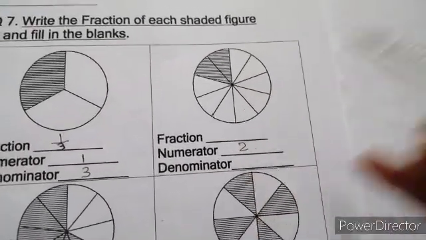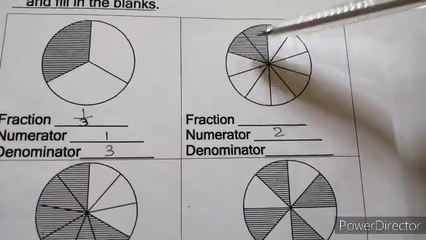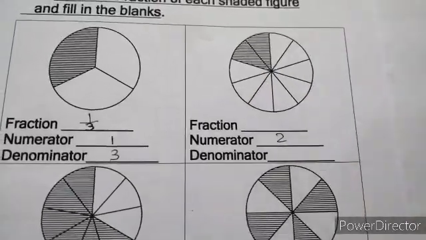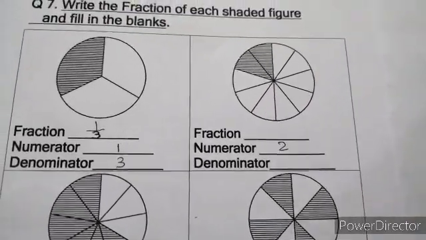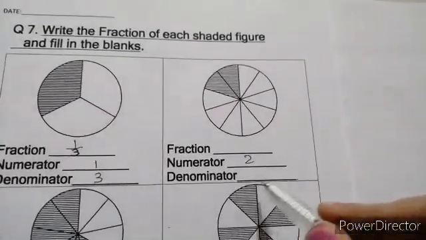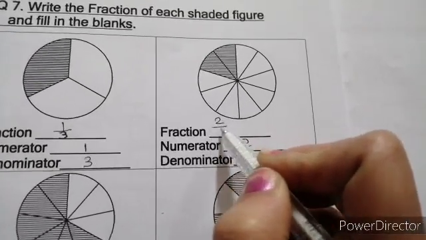Numerator is 2. How many are total? 1, 2, 3, 4, 5, 6, 7, 8, 9, 10. 10 equal portions are there and among that only 2 are shaded. So, the denominator is 10. So, the fraction is 2 by 10.